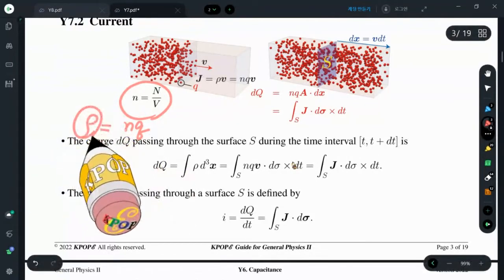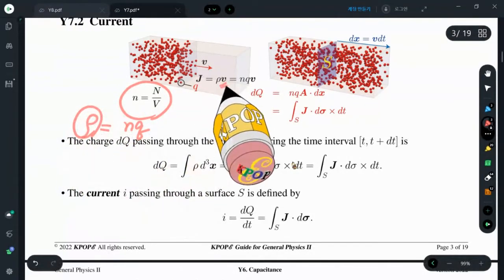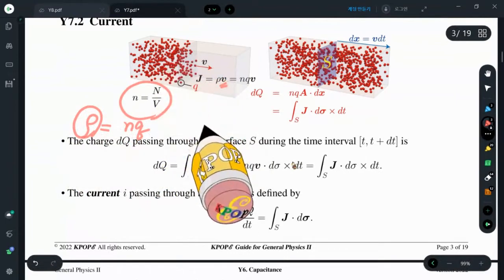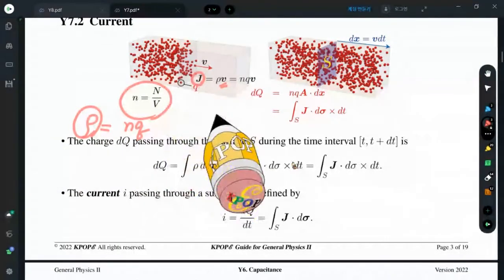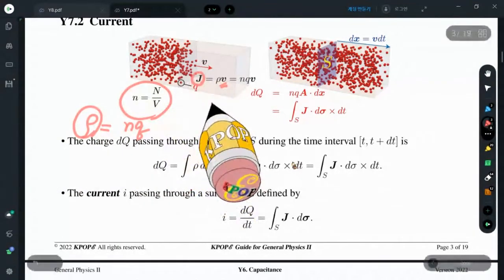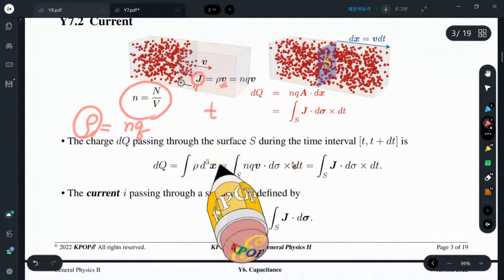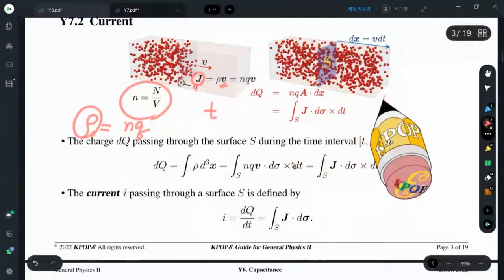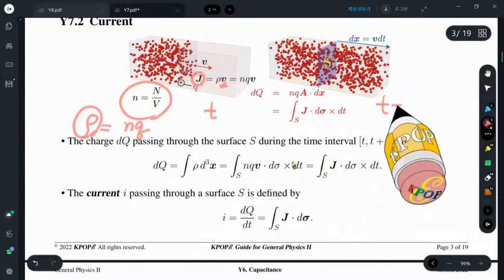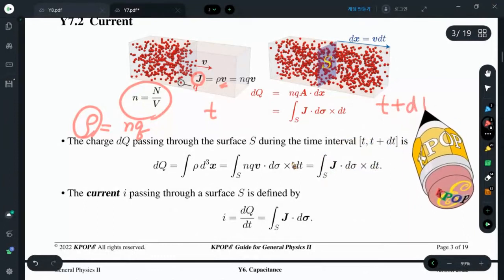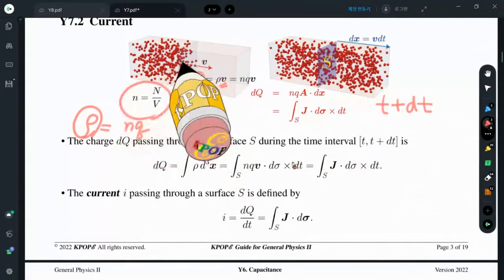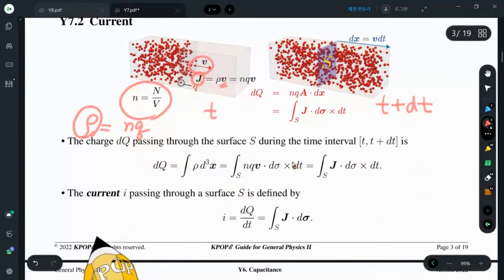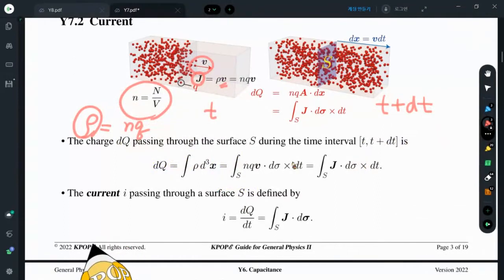And if you multiply rho by the velocity of every particle, you will find the current density. This is a picture taken at time t, and this is a picture taken at time t plus dt.